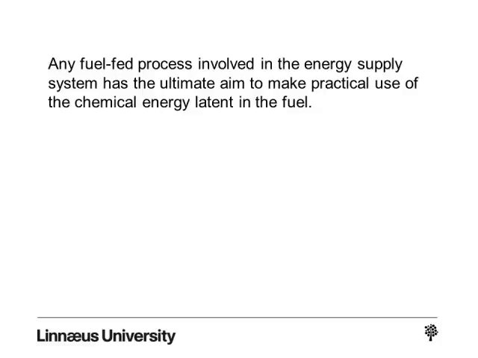Before we go into the course literature, let's first introduce some fundamental concepts about the different processes that are at hand. And the first and most important thing to understand is that any fuel-fed process involved in the energy supply system has the ultimate aim to make practical use of all the chemical energy latent in the fuel.